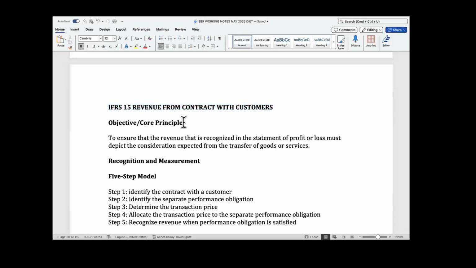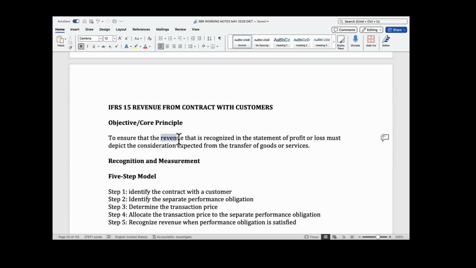Then we will be left with IAS 12. There are some advanced questions. We have already treated most of it. Just some advanced questions I need to solve for you so that we know that we are completely done with that as well.